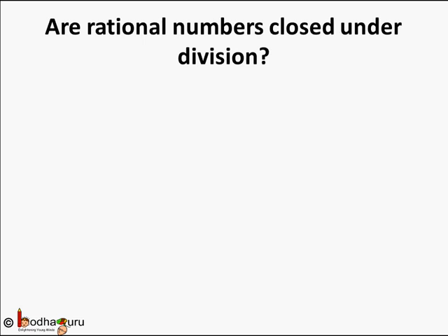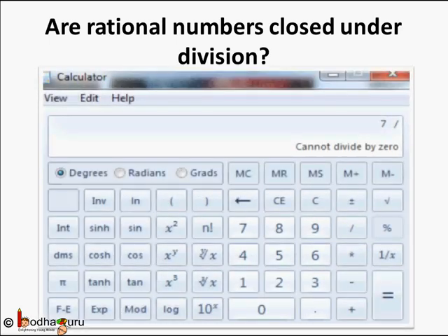Now the question comes, are rational numbers closed under division? If you use a calculator, then try to divide 7 by 0. What do you see? You will see 7 cannot be divided by 0. So, we can say rational numbers are not closed under division.